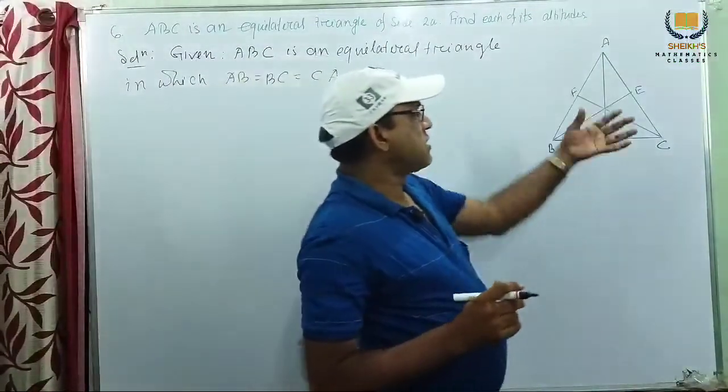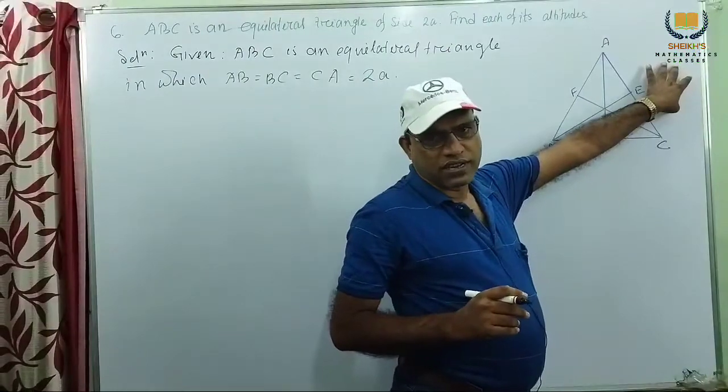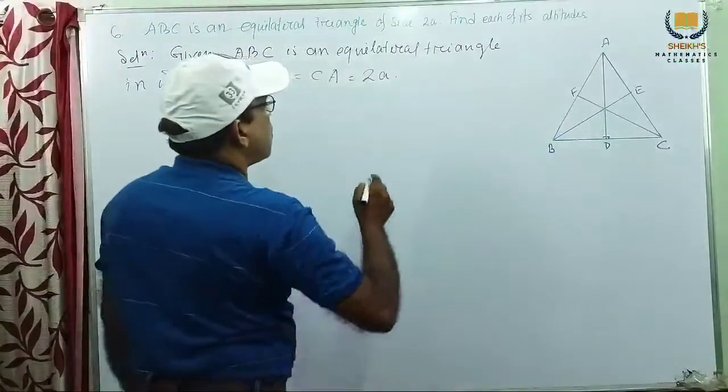We consider this is 2a, this is 2a, this is 2a. All the sides are equal, so we consider 2a.